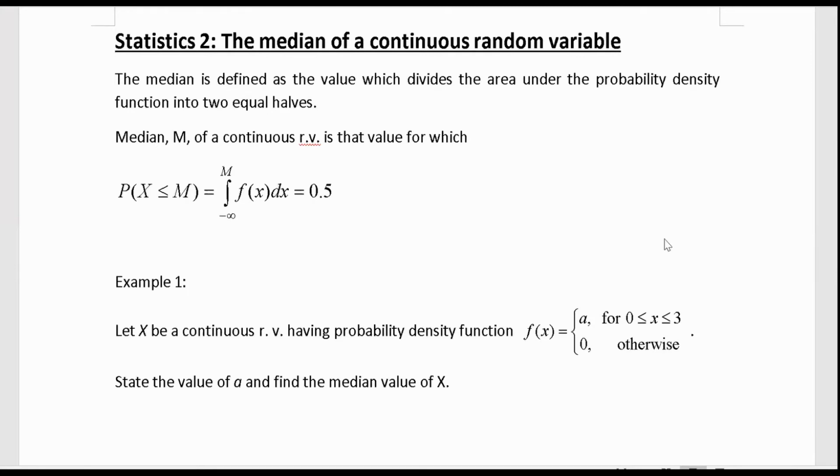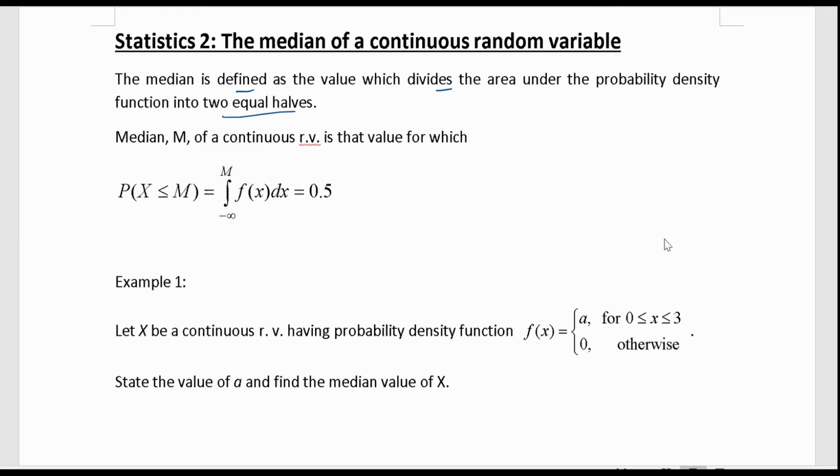Hi, in this lesson we will look at the median of a continuous random variable. The median is defined as the value which divides the area under the probability density function into two equal halves.